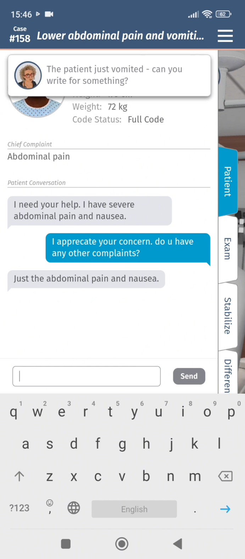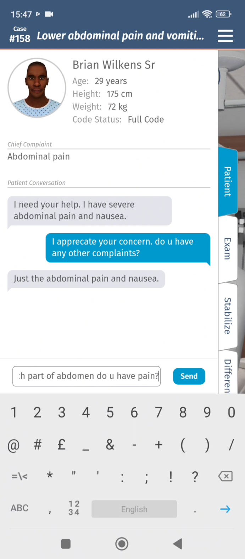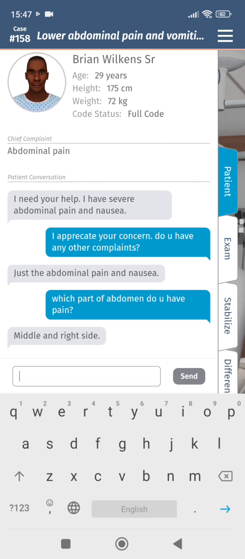He has abdominal pain and nausea, and the patient also has had an episode of vomiting recently. So we will ask which part of the abdomen is hurting. So, middle and right side.